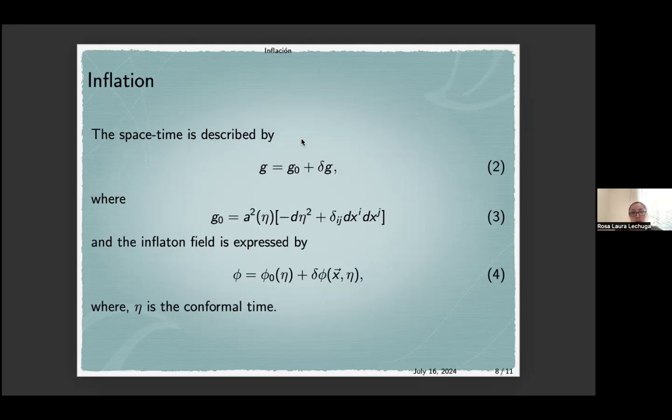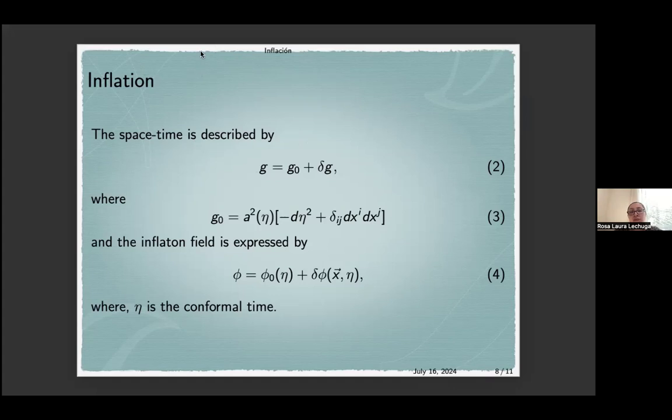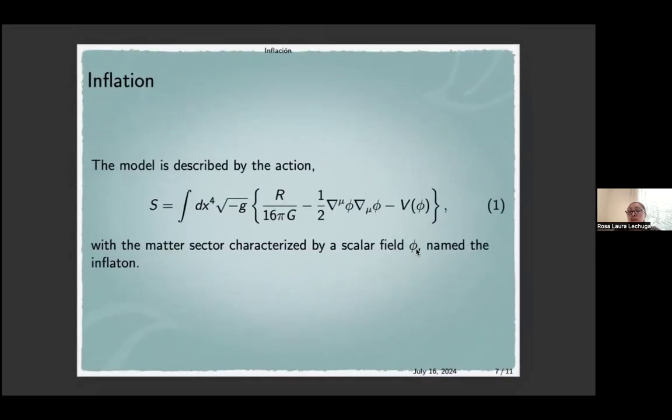So they tried to introduce this period to solve problems such as the horizon problem, the monopoles, and other kinds of problems. But then when they started to study the physical process of this period, they realized that introducing a scalar field in the theory gives us the explanation of the first cosmic structure.